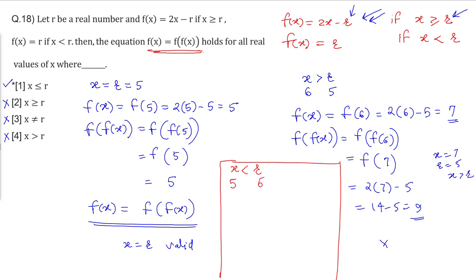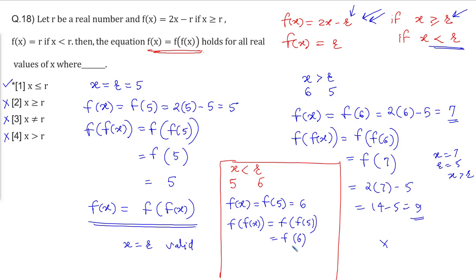So over here, the value of f of x is equal to f of 5. And x is less than r means we will be using this condition, is equal to r, that is 6. After that, f of x is equal to f of 5. f of 5 you can replace with 6, everyone.